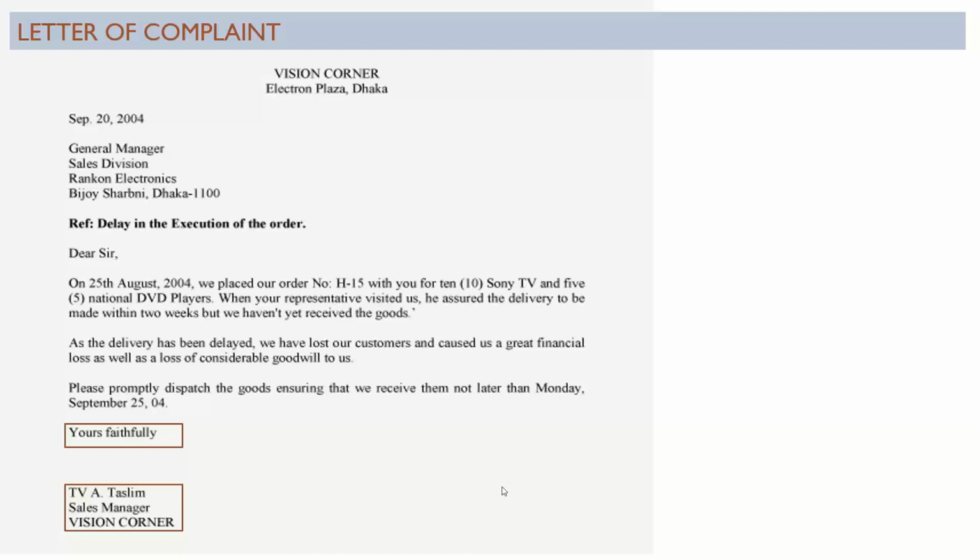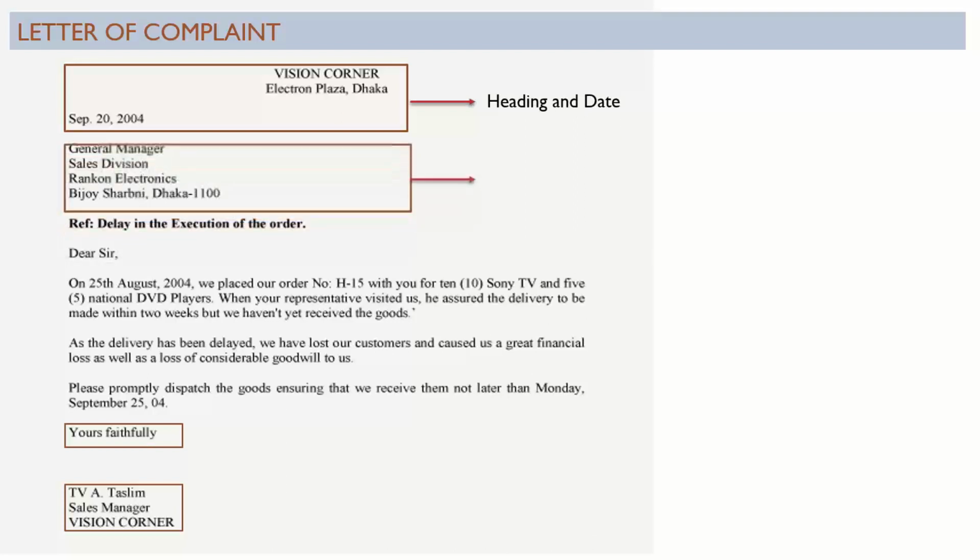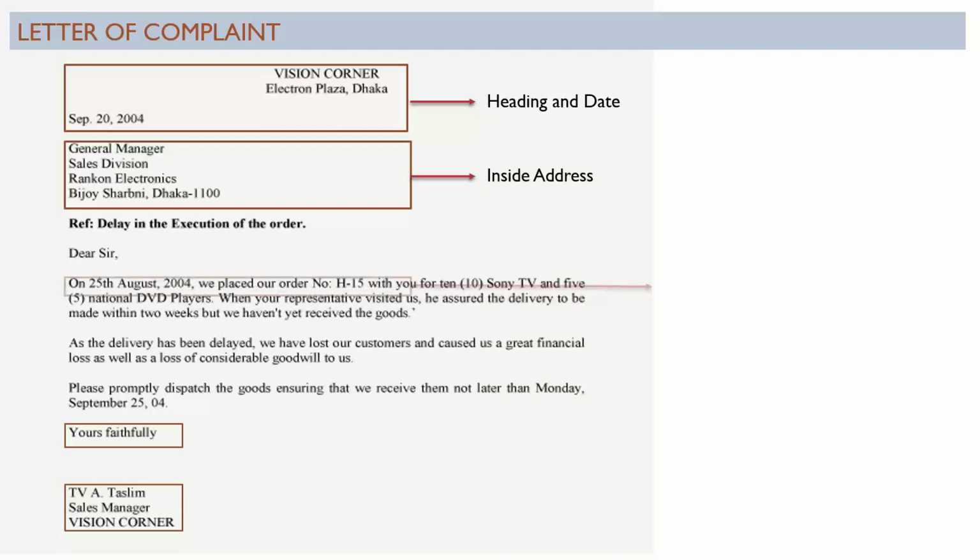We give this to our students and ask them to break it into different pieces. So they break this into different pieces and come up with this. At the first stage, they identified the first part of this letter as heading and date. In the second part, they identified it as inside address.